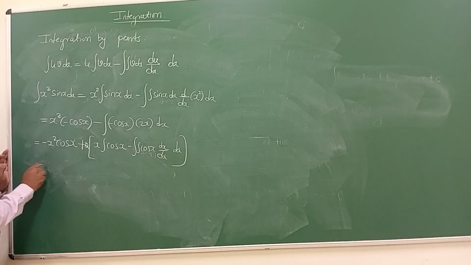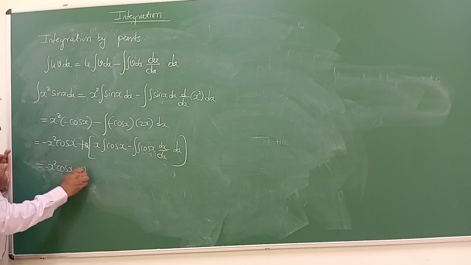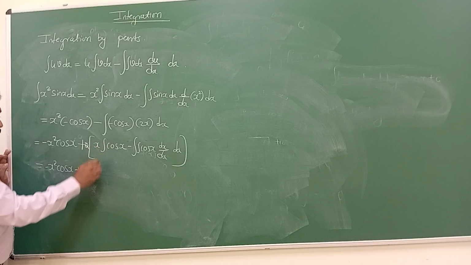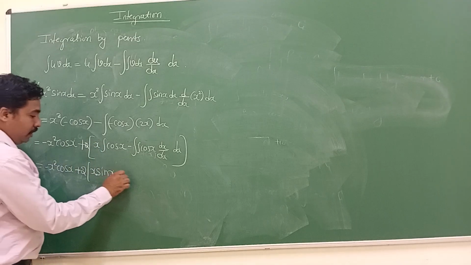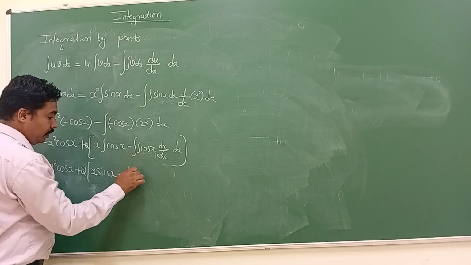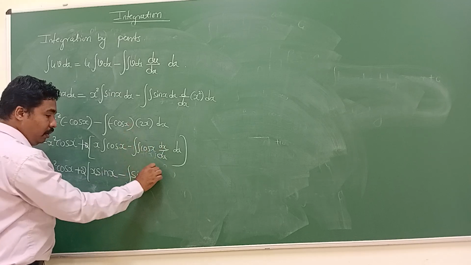Okay. So it becomes minus x square cos x plus 2 times x into integral of cos x, which is sin x, minus integration of sin x with differentiation of x being 1, into dx.